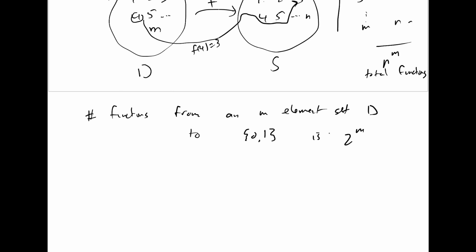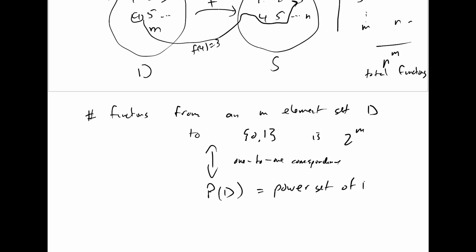And that should look familiar because there's the natural mapping from functions from D to the set {0, 1}. I'll put this natural one-to-one correspondence, and the power set of D. This is the set of all subsets. How does that natural correspondence work?